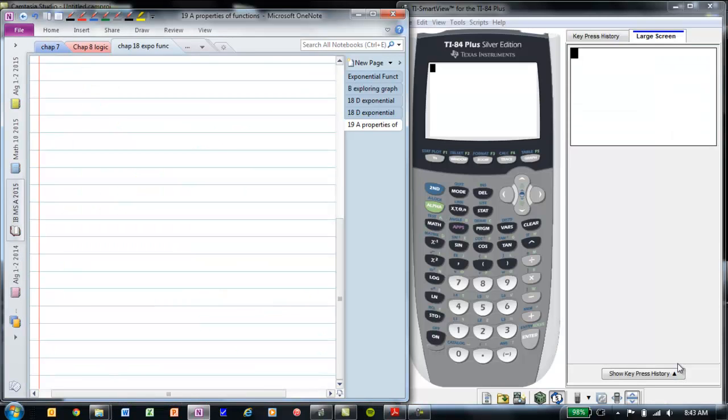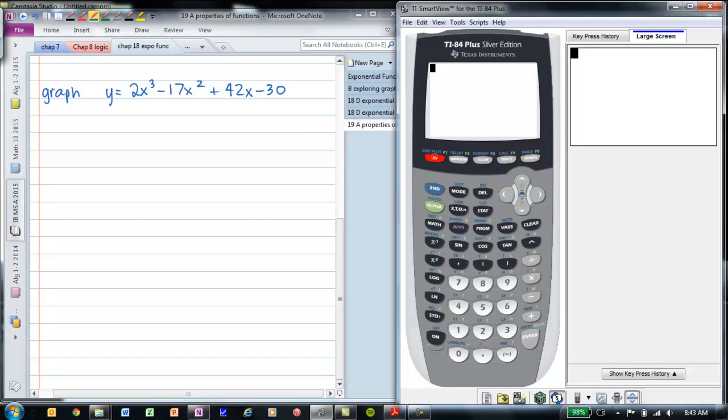Alright, so I've got the calculator ready to go, and here is our first example. We are going to graph the function y equals 2x cubed minus 17x squared plus 42x minus 30.